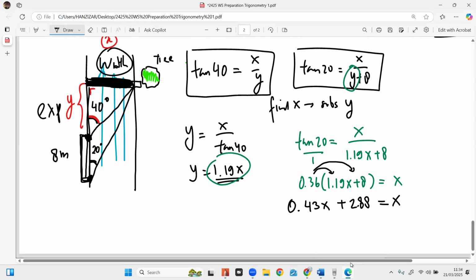And we move the x to the right side: 1 minus 0.43 is 0.57. So x equals 2.88 over 0.57. Answer, please. 5.05. So this is the width of the river without crossing the river. Yeah, we can do that as well.